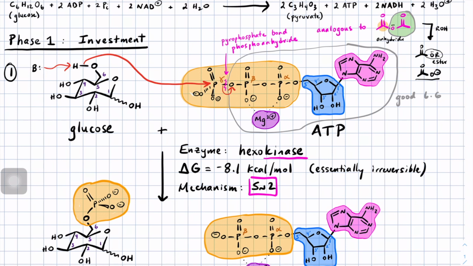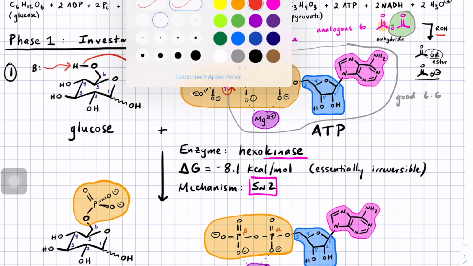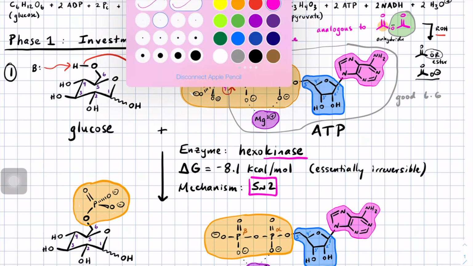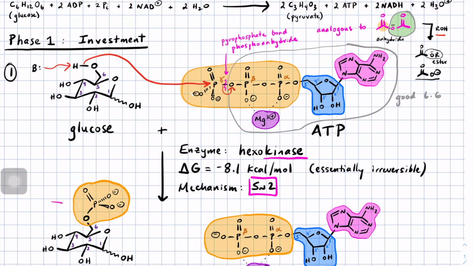Now, if we look at the product of this reaction, in the same way that if we took an alcohol and reacted it with a carbon anhydride, we would get an ester, when we react an alcohol with a phosphoanhydride, what we get is a phosphoester.